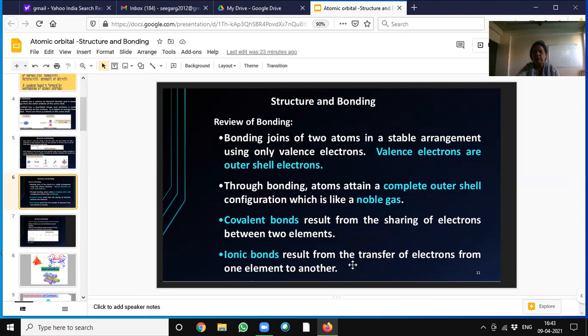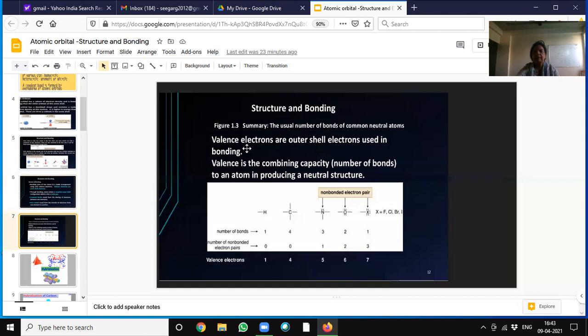Ionic bonds result from the transfer of electrons from one element to another. Valence electrons are outer shell electrons used in bonding. Valence is the combining capacity, the number of bonds to an atom in producing a neutral structure.